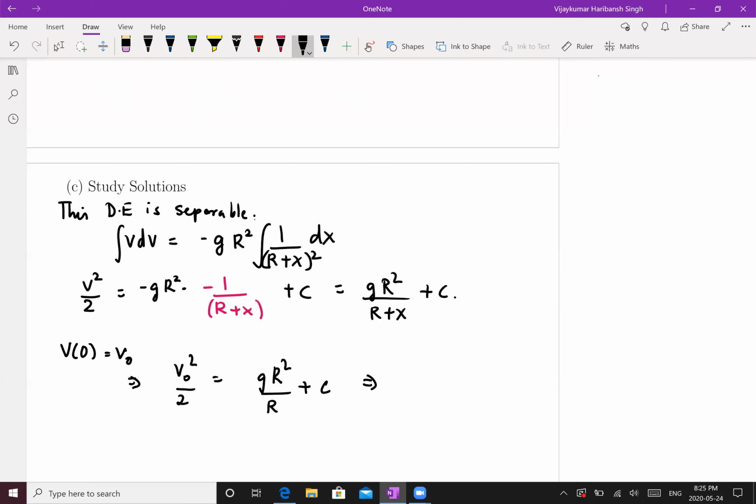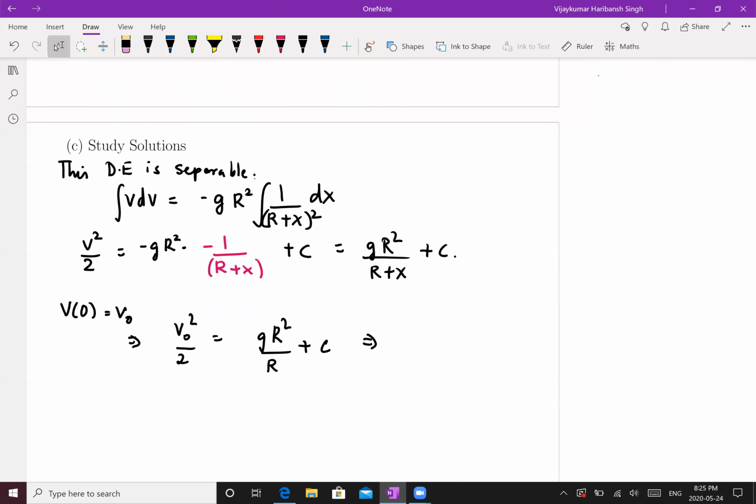This implies c equals, so this r and this r will cancel, and then you bring this on the other side, so we get v naught square by 2 minus gr equals c.